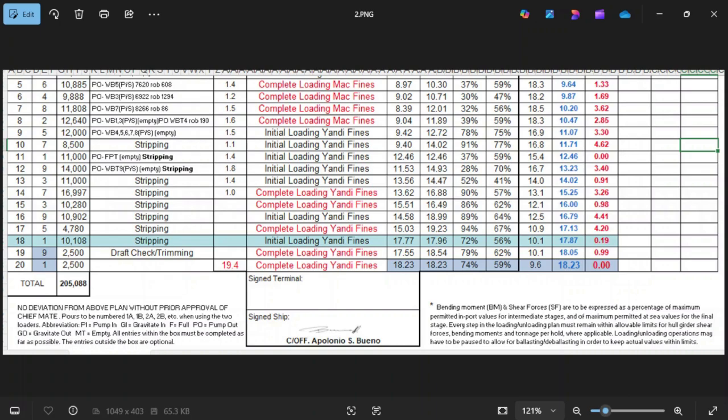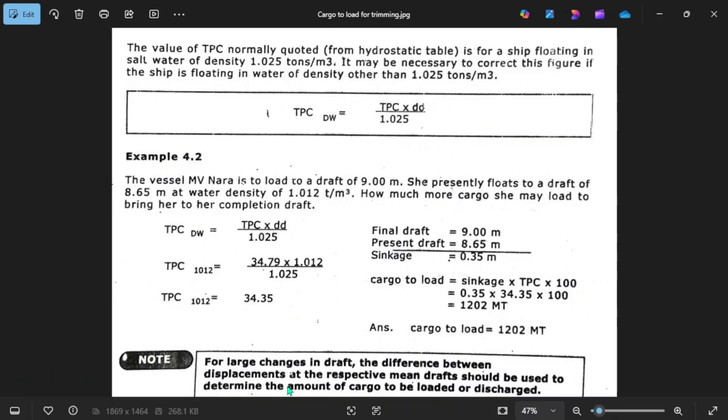Okay, so this is the problem now. Your final draft is 9 meters and your present draft is 8.65, so your sinkage will be 35 centimeters or 0.35 meters. And this is the formula of how to get the remaining cargo to load: sinkage times TPC times 100.